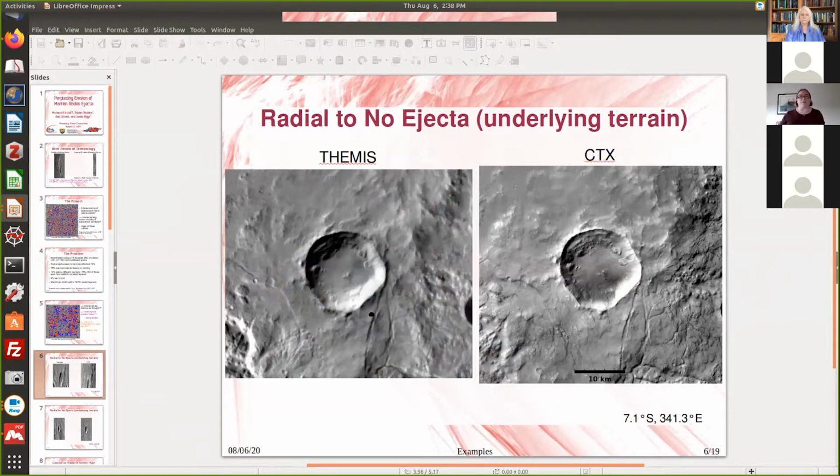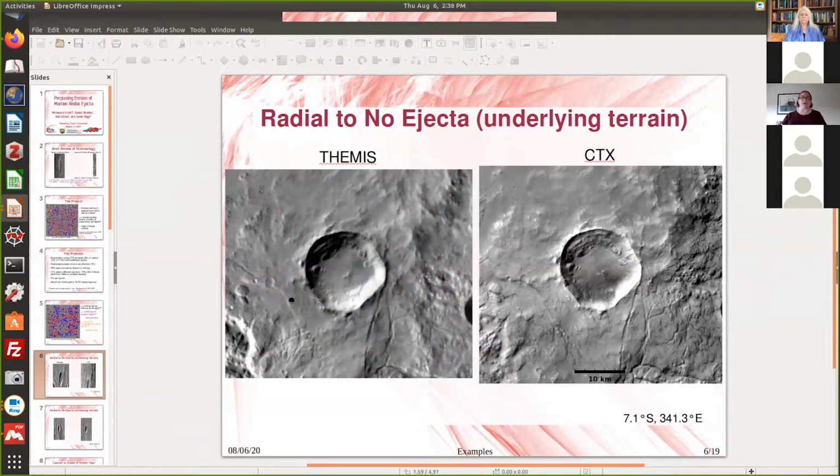First of all, we see an example here, and I will note on these slides, except for one, the figure on the left is always THEMIS and has the original classification from Stewart, and the figure on the right is then the CTX image of that same crater, and it would be how I did my interpretation.